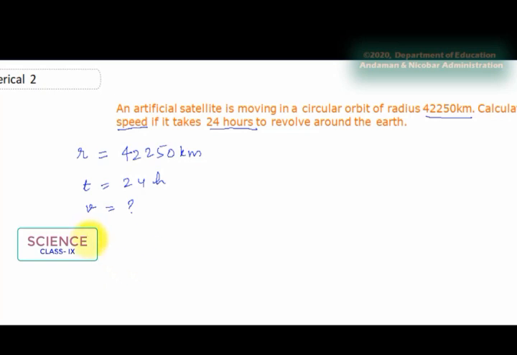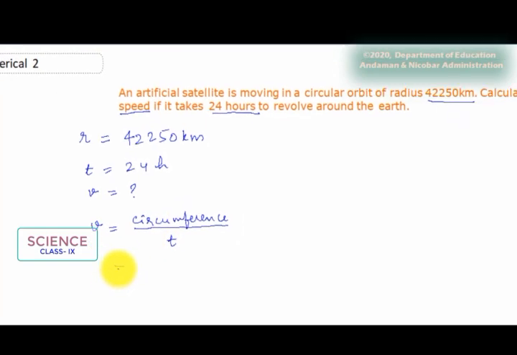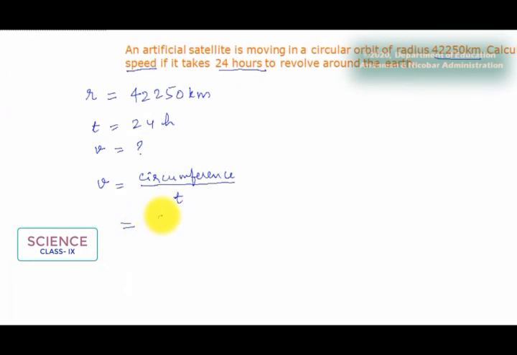We know that the speed can be found out by using the formula v is equal to the circumference of the circular orbit divided by time. Here the circumference is the total distance. And we know that the formula of circumference is 2 pi r and time we will write as t.